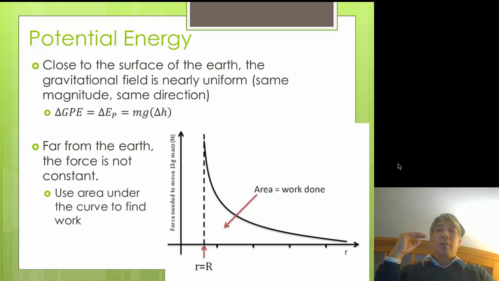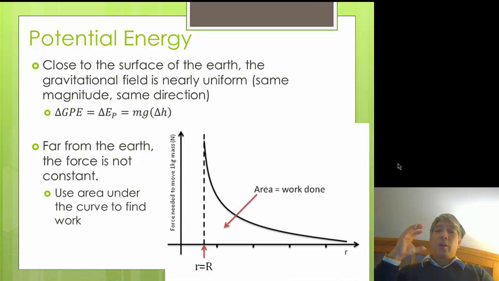The radius of the Earth is 6,400 kilometers. Mount Everest is, I don't know, maybe 10 kilometers. 10 kilometers in comparison to 6,400 kilometers is almost nothing, and so it's okay to use that delta h.